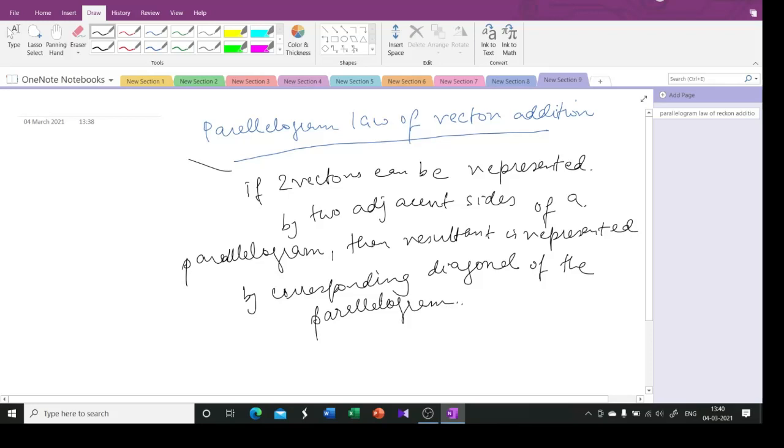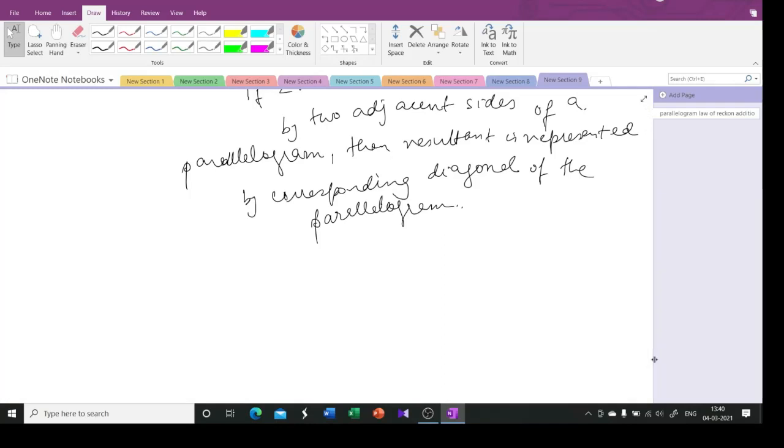Fine. So basically what it says is that suppose we have two vectors. Okay. Let's say this is vector A and this is vector B. What we do is we simply complete this parallelogram like this.